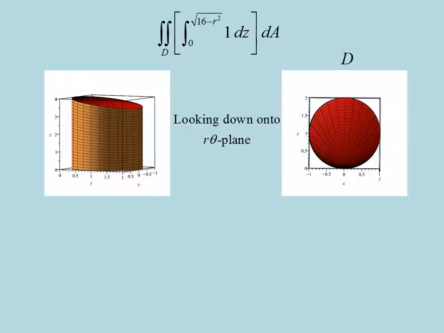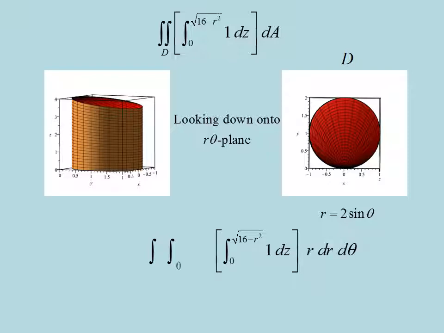So here's what we're looking at that we need to describe as the region D. Now, describing that using cylindrical coordinates, which will be the same as describing that using polar coordinates, we have the r, which is going from 0 to 2 sine theta. Then we've got the theta.